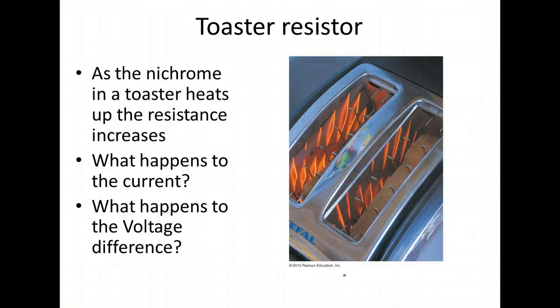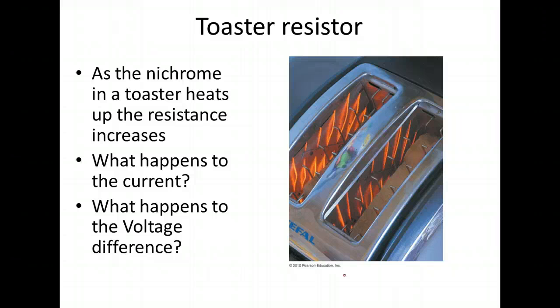A good example of resistors in your daily lives is anything that heats up. Heaters, toasters, hair dryers, ovens, the burners on top of your stove do this. We've got some kind of conductive material through which we send electricity, and as we send that electricity through, what happens to that material? It heats up, right?